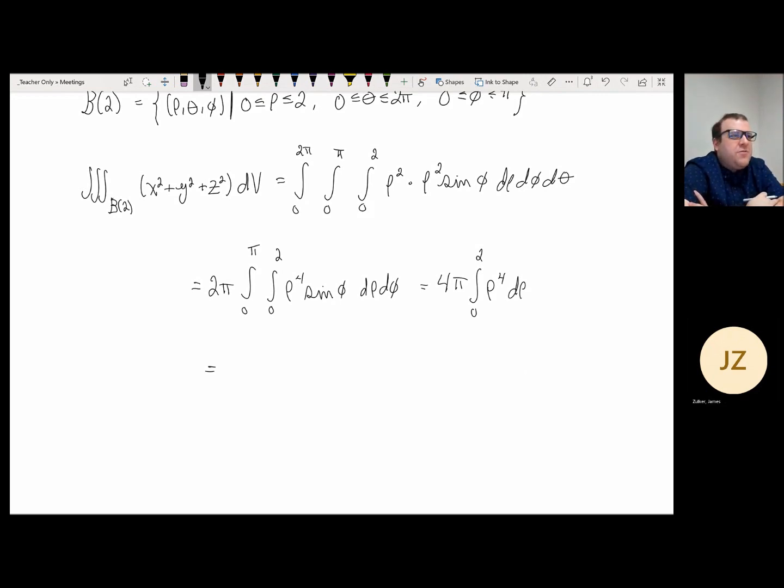Rho to the 5th over 5 from 0 to 2 is 32 over 5. 32 times 4, 128. This integral is 128 pi over 5.